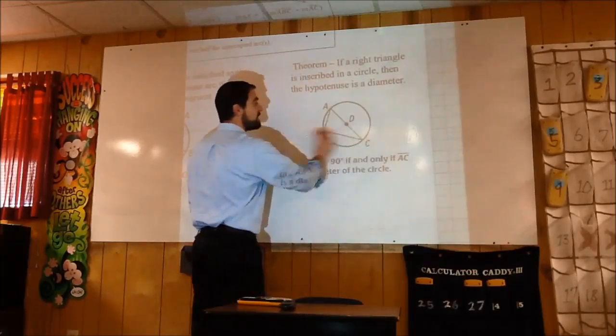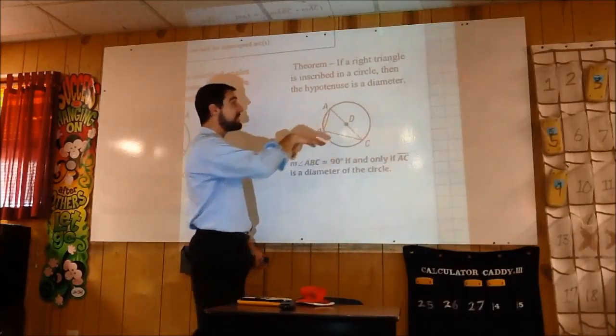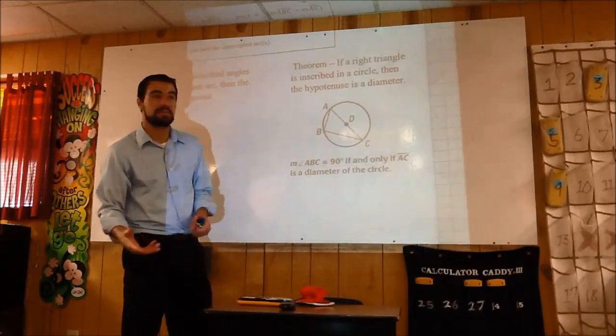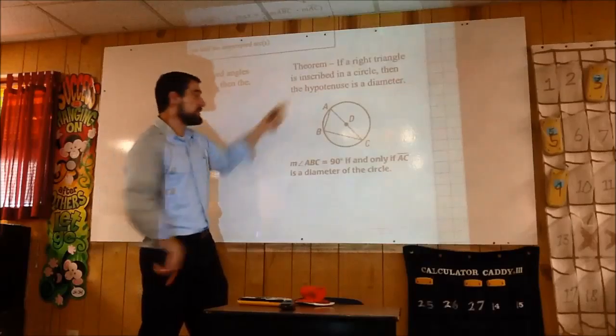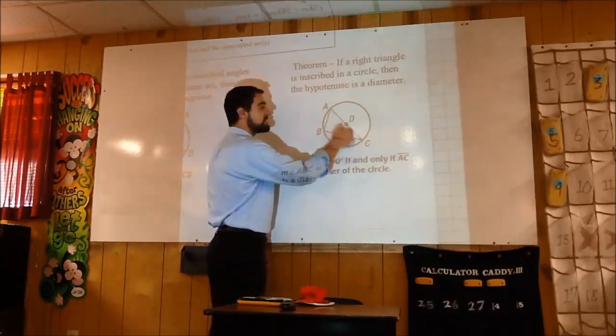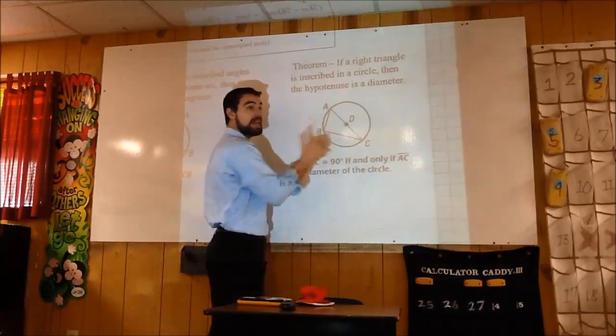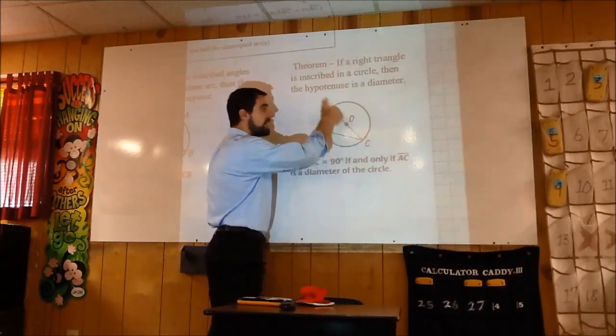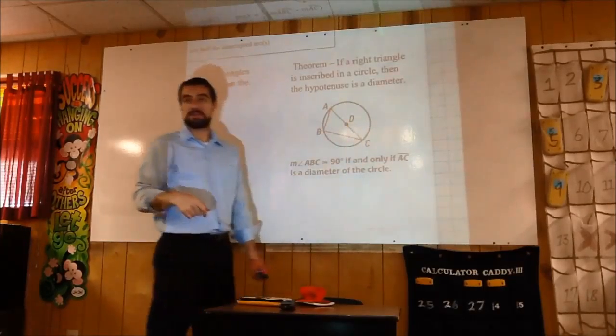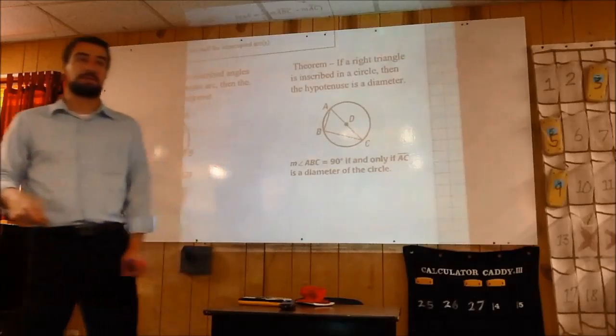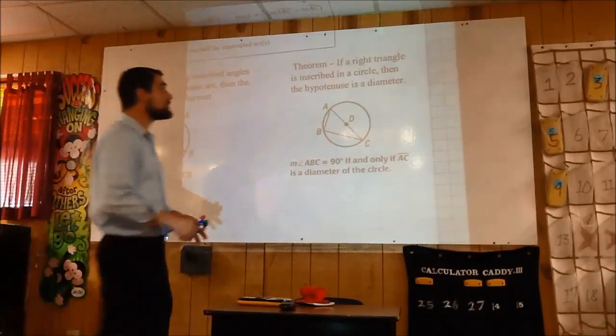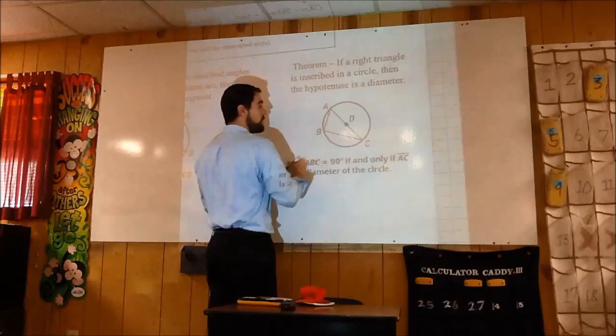But there's also a converse to it, and this diagram is actually the converse of what is written here. So this says, if you have an inscribed triangle, and you know that one of your side lengths is a diameter, then you can conclude that it's a right triangle.